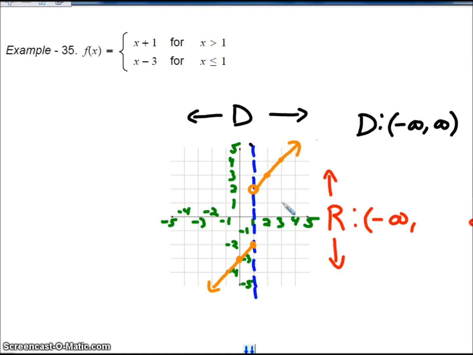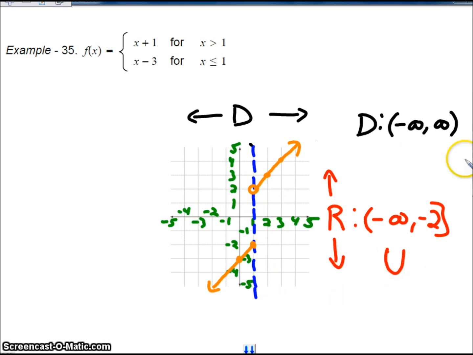It does go down forever, so let's start from there. It goes down to negative infinity. Starting from negative infinity and coming back up, we have to stop at y equals negative 2, right? That's where the graph stops for a moment. So we have to pause at y equals negative 2, including negative 2, so we use a bracket. And then we jump from there up to y equals positive 2.